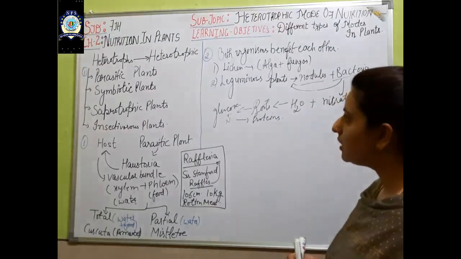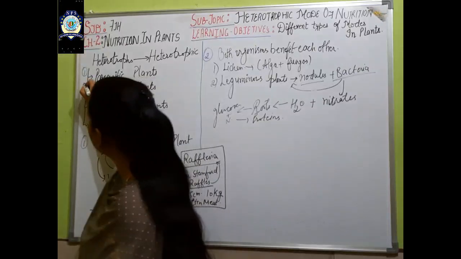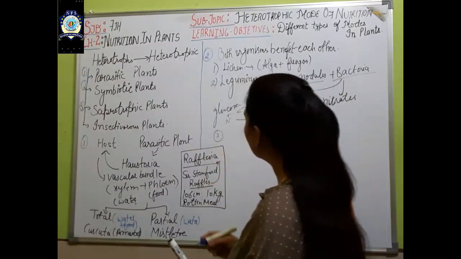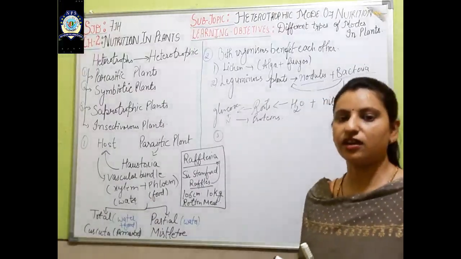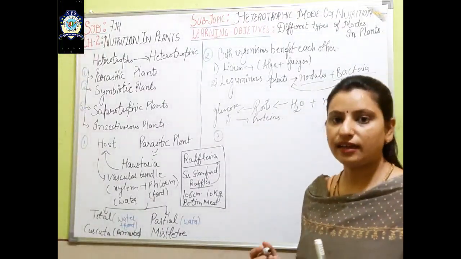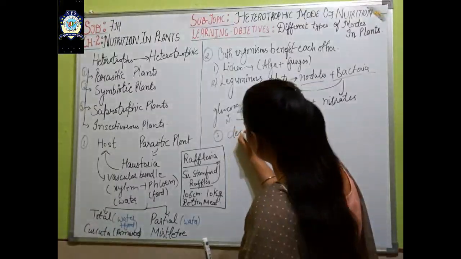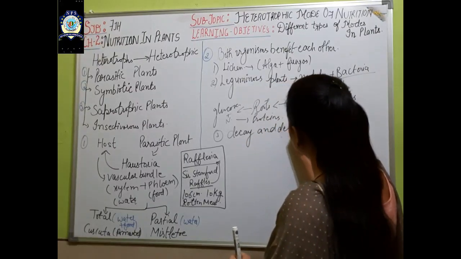Okay, now the third type is the saprotrophic plants, also called saprophytes. Saprophytic or saprotrophic plants are those which have their nourishment from dead and decaying plant and animal matter.